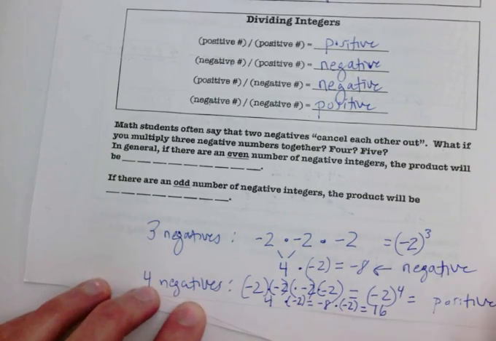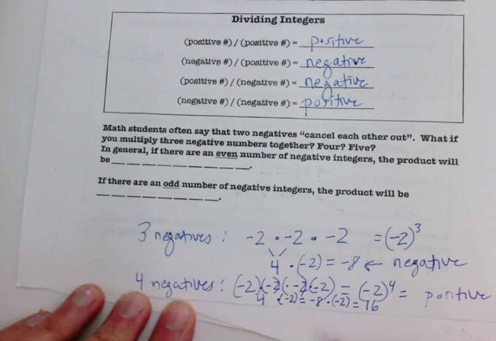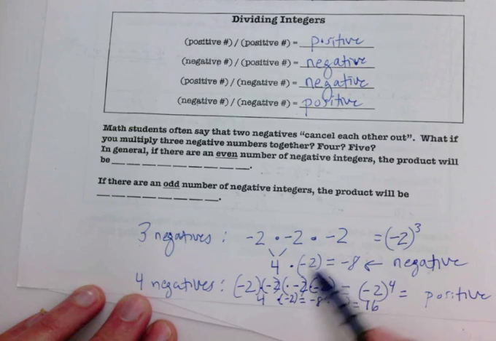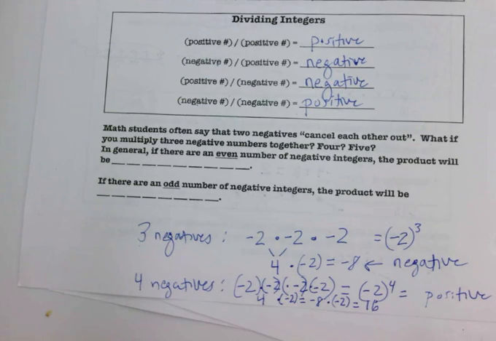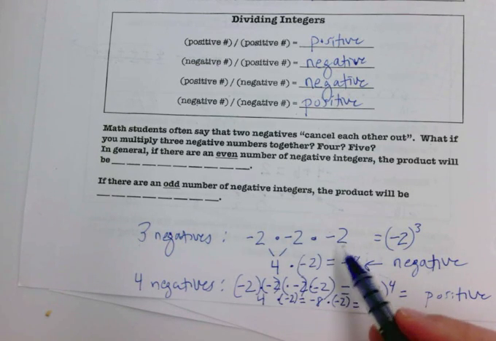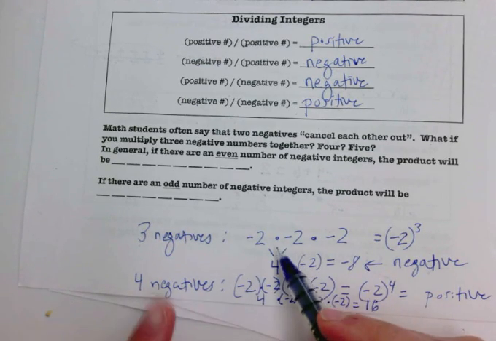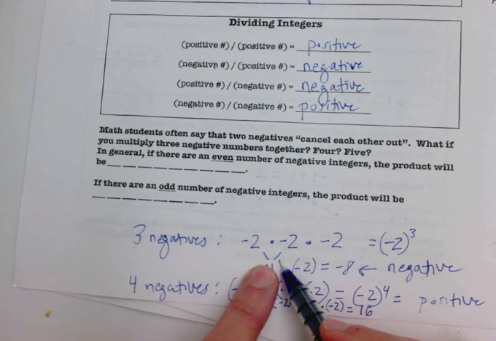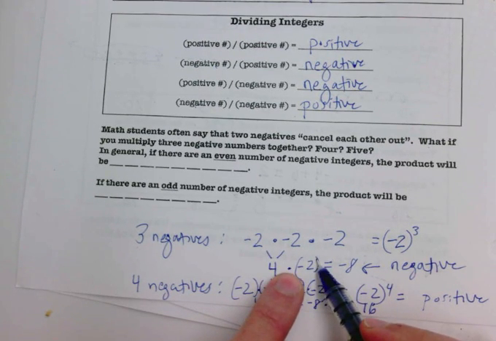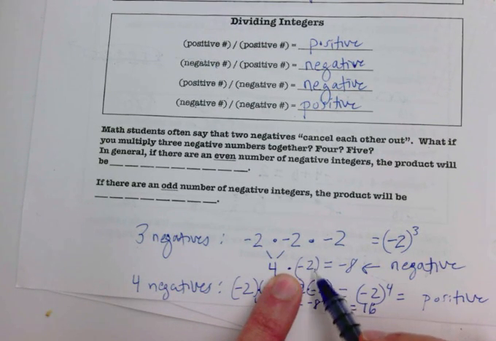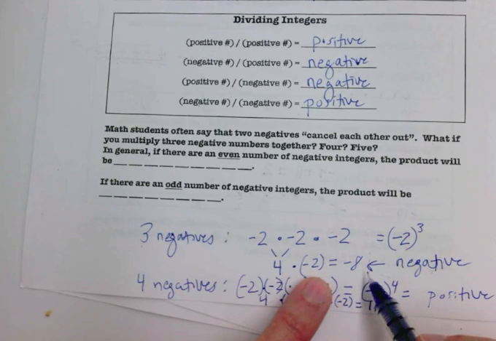And so what do you think would happen if we had another odd number of negatives, 5 negatives? It seems like every single time when you've got an odd number of negatives, you're going to have the first two make a positive, and then the third one, the odd one out, will end your number as a negative answer.